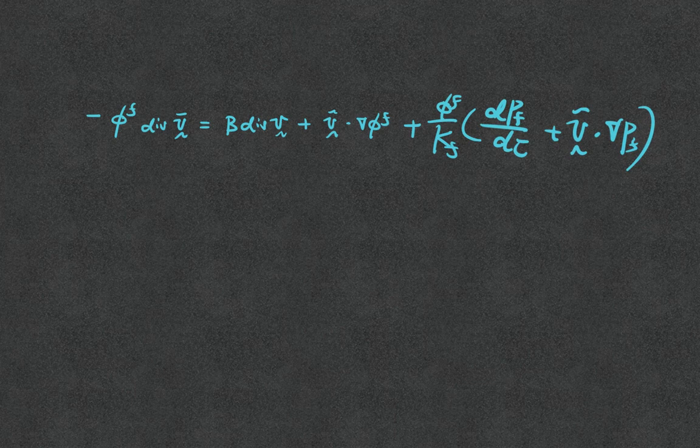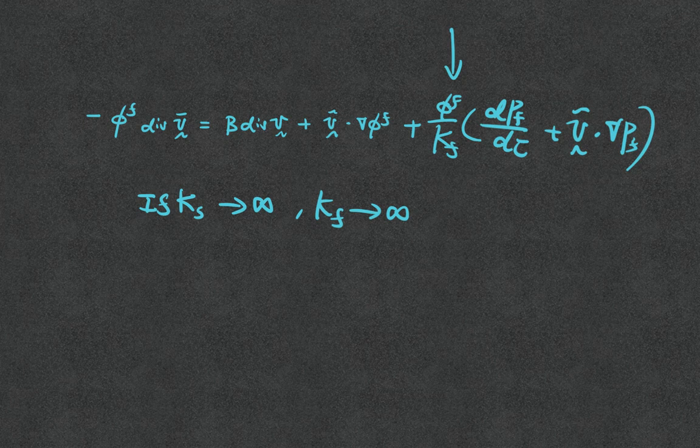Now, one thing that is very important: if Ks approaches infinity and Kf also approaches infinity, then what would happen? This term would be gone, right? This whole term is gone.